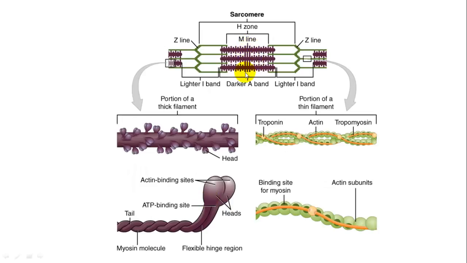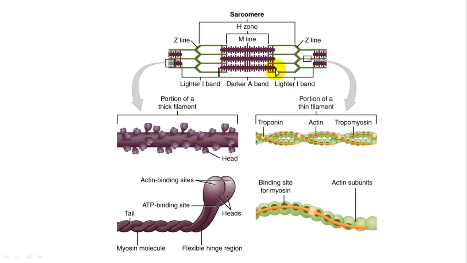Okay, so here's the figure from the book. The M line is right in the middle of the A band, where you have only myosin. The lighter band is where you have only actin. The Z line is that anchoring point. The H zone here is where you have only myosin. Sorry, the A band is the complete length of the myosin.